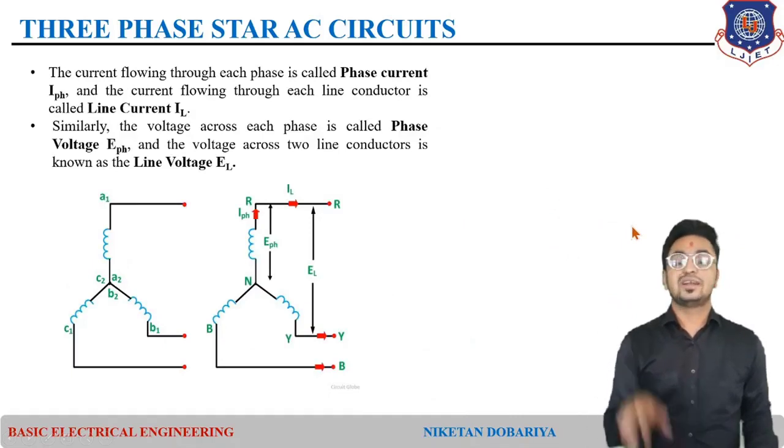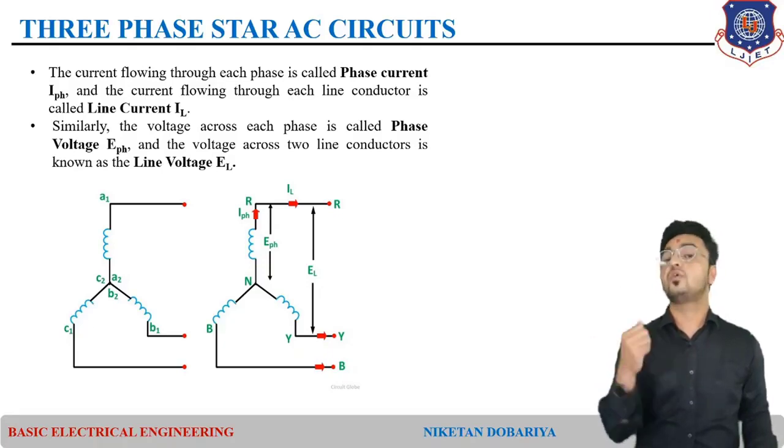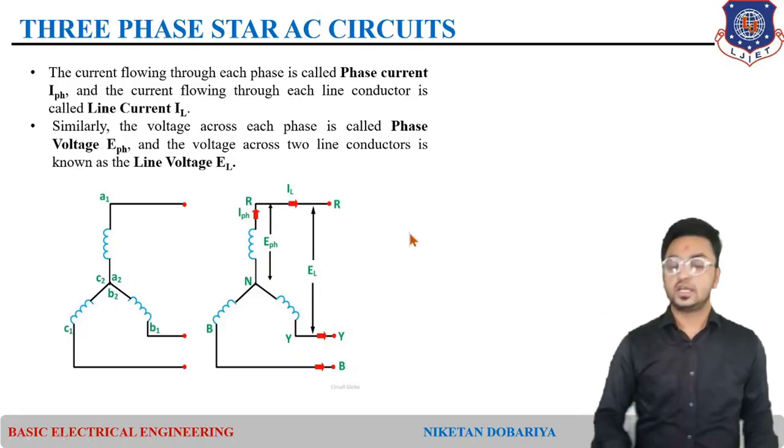And let's discuss the star connection. Here we are going to discuss the relation between the phase voltage and line voltage, phase current and line current for the given star connection. For that, we have defined these four parameters for star connection.